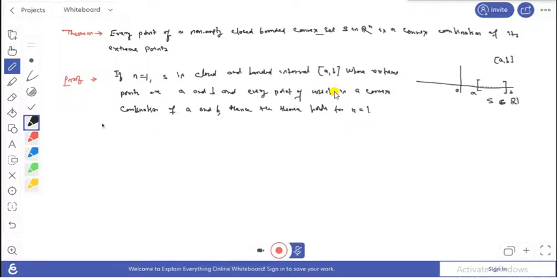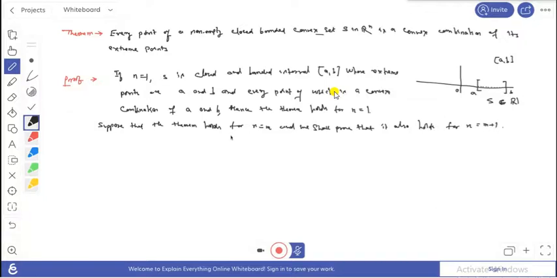So suppose the theorem holds for n equals m, and we shall prove that it also holds for one more dimension, m plus 1.